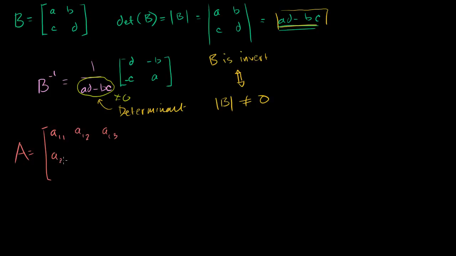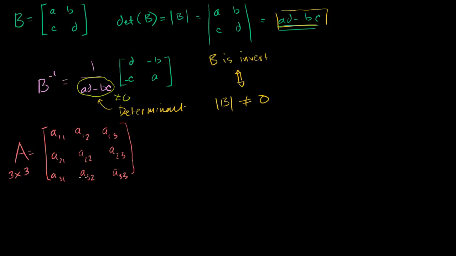Then you have A21, A22, A23, and you have A31, third row, first column, A32, and then A33. That is a 3 by 3 matrix, right? Clearly, 3 rows and 3 columns.